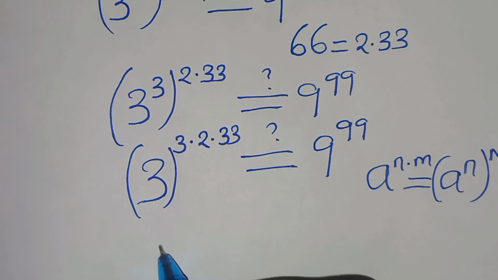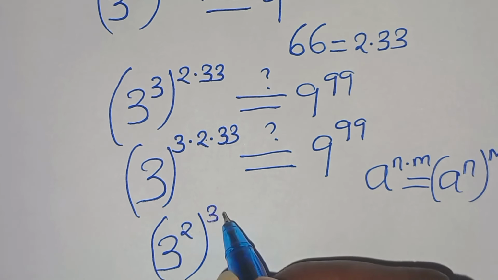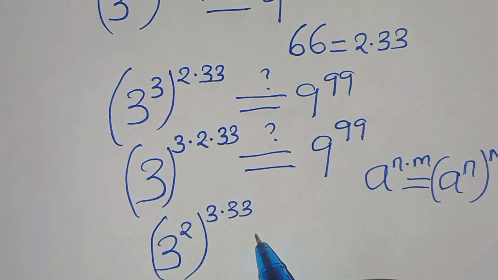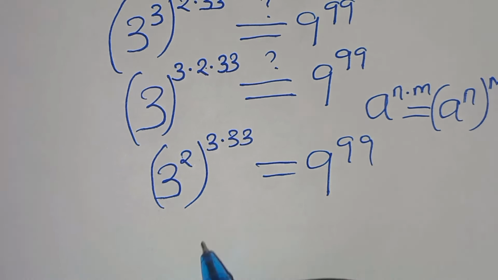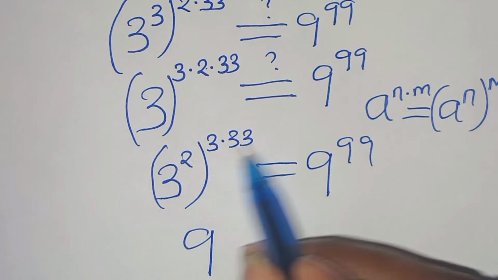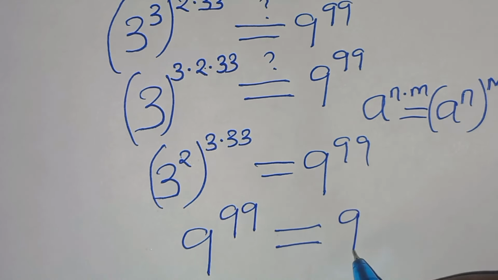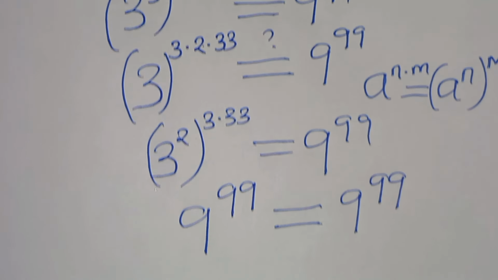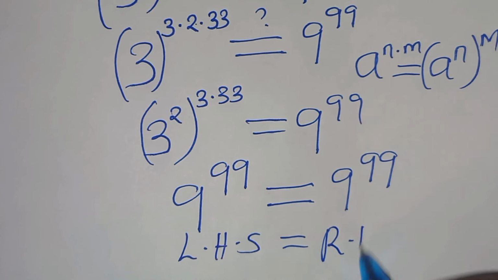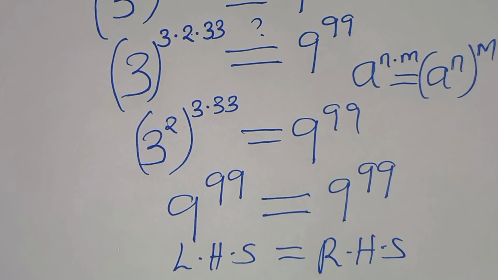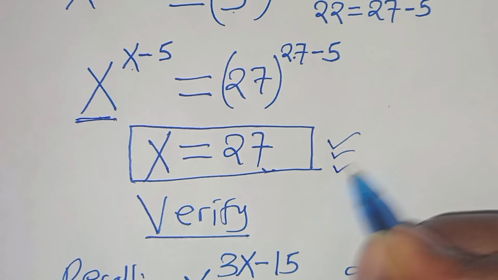And this implies that here we have 3 to the power of 2, then raised to the power of 3 multiplied by 33. So 3 squared, this is 9, raised to the power of 33 times 3. This is 99, and this is equal to 9 to the power of 99. So this means that the left hand side is equal to the right hand side. And this proves that the value of x here, which is equal to 27, satisfies the equation.